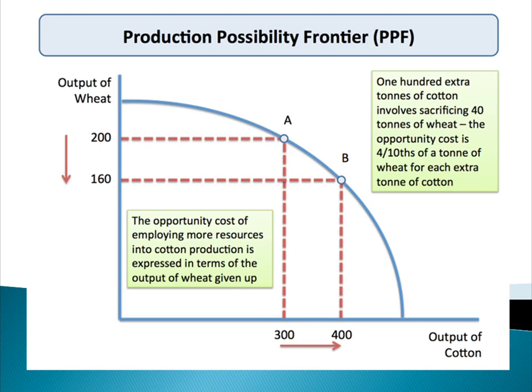So by increasing this 100 units of cotton, we have sacrificed 40 units of wheat, because it was producing at 200 before, and now it is producing at 160.